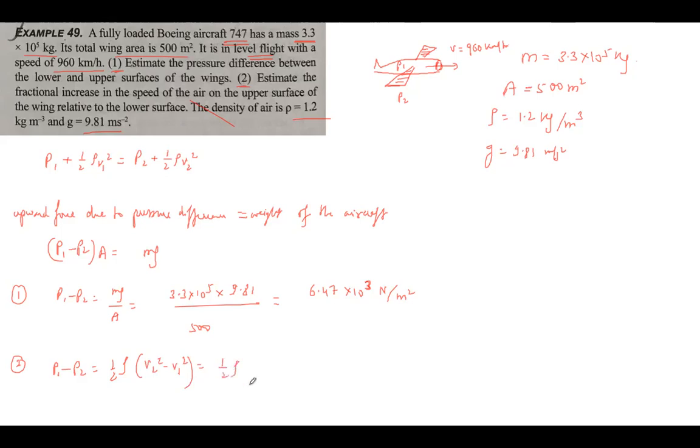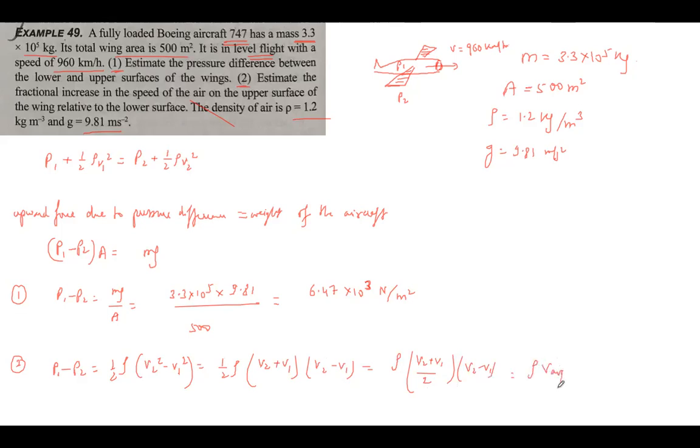So this is half rho (V2 plus V1) into (V2 minus V1), so rho into (V2 plus V1) by 2 into (V2 minus V1).